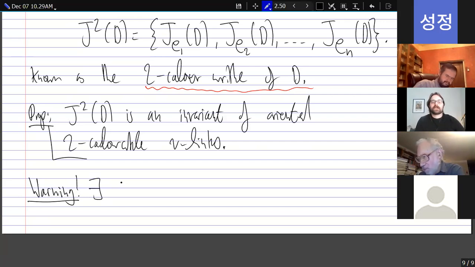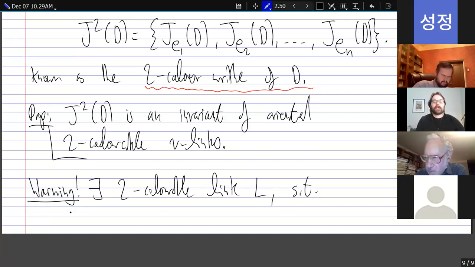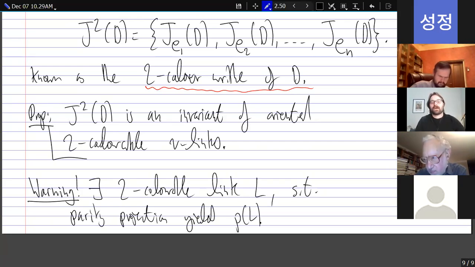There exists a two colorable link L such that parity projection yields some link P of L that is not two colorable.